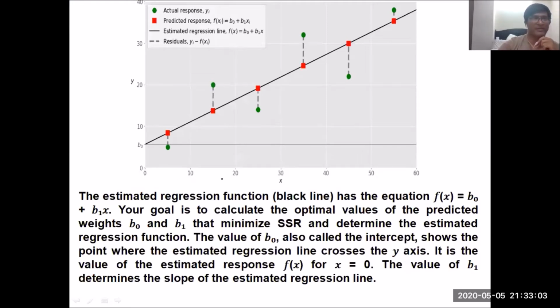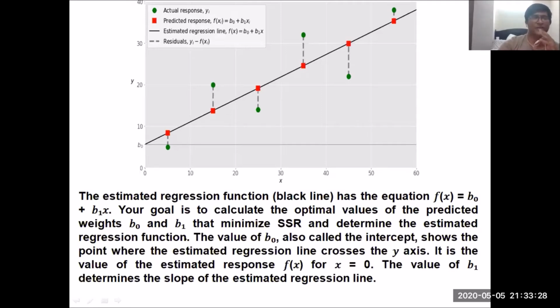We have the actual response, say the response variable yi shown in green, and then we have a predicted response through the trained model, right? And the estimated regression line is shown in black as the equation. So we have built our equation like this: f(x) is equal to b0 plus b1x, right?